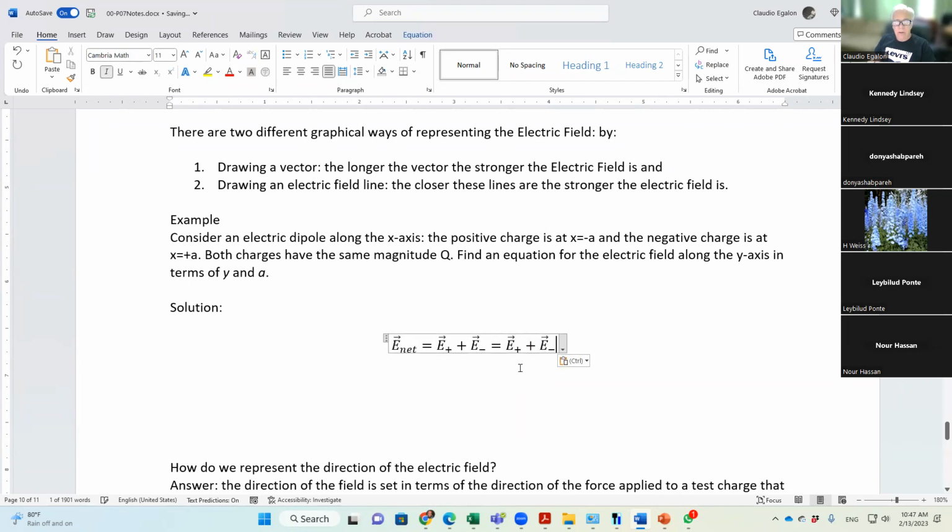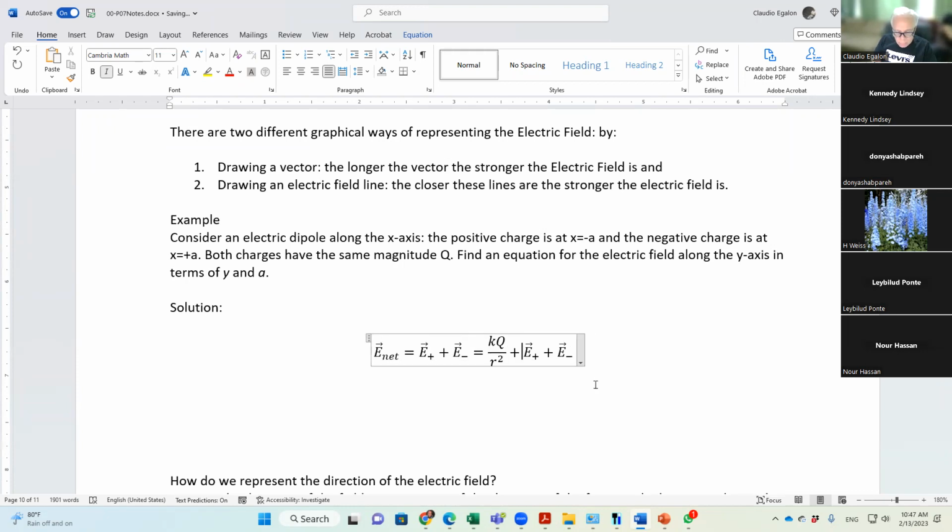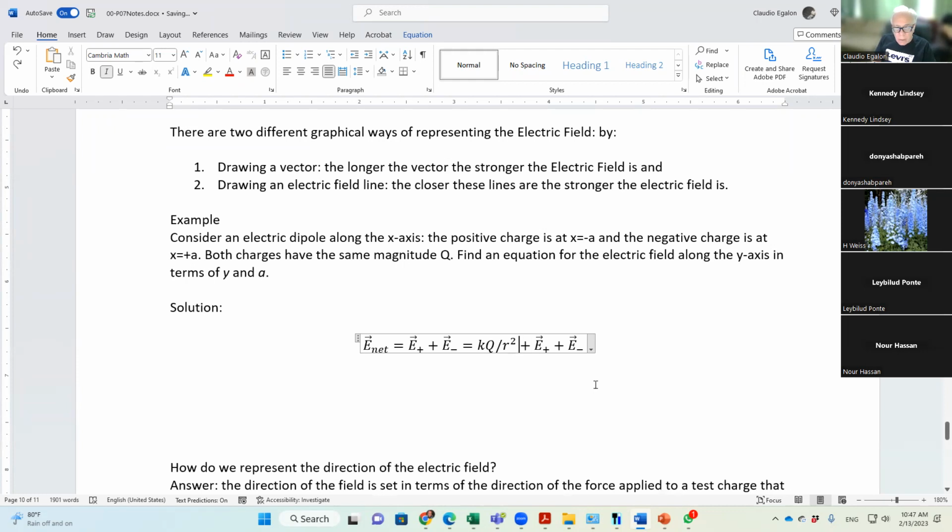The electric field of the positive charge can be written down in terms of k q over r squared, but it's not just r squared, it's r of the positive charge, right? Like that.